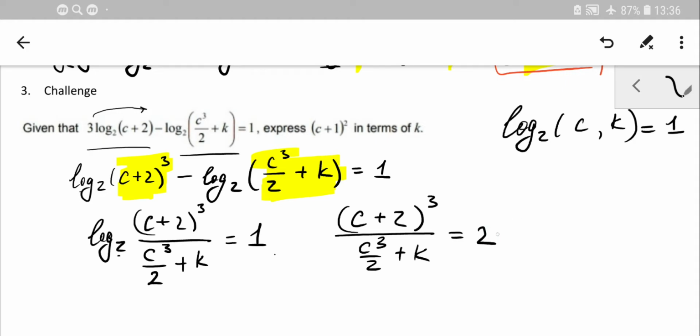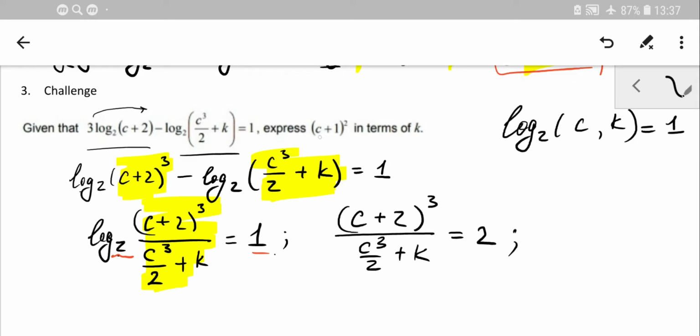When I was multiplying in the previous video, I got 1 on the right hand side, and that's where I missed 2, because by the definition of log we need to raise 2 to the power 1 to get what's inside the log. That's the normal procedure, the common exponent form. So now we've got it.